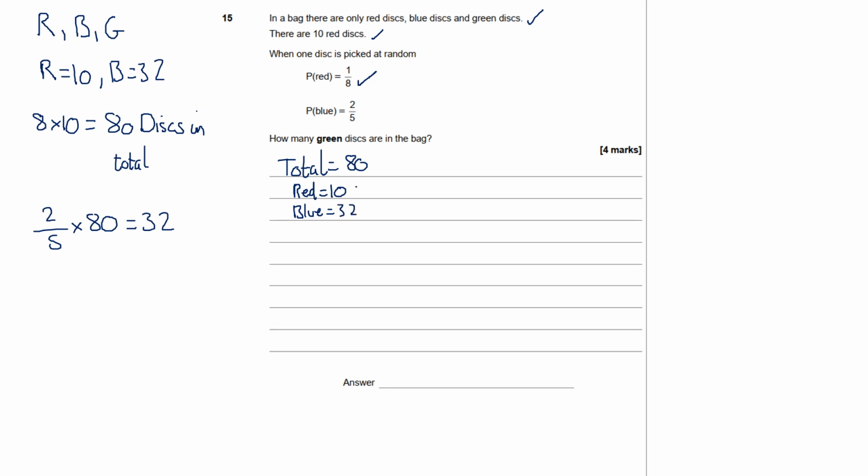So these two added is 42. So there's only green discs remaining, there's 80. So I reckon that 80 minus 42, I'll give you a few seconds to do that, and you should get to 38. So I think the answer to that is 38. So let's move on to the next question.